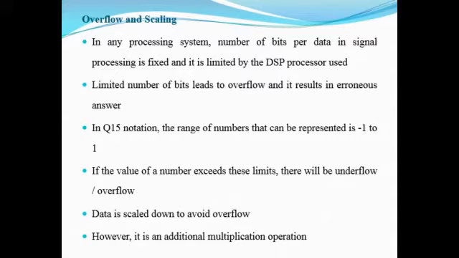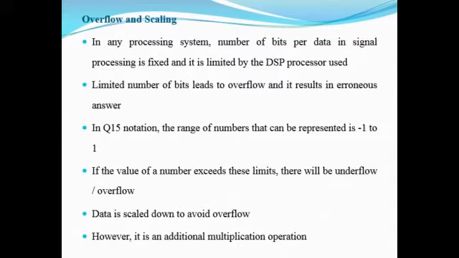In any processing system, the number of bits per data in signal processing is fixed, and it is limited by the DSP processor. A limited number of bits always leads to overflow and results in an erroneous answer. So in Q15 notation, the range of numbers that can be represented is -1 to +1.